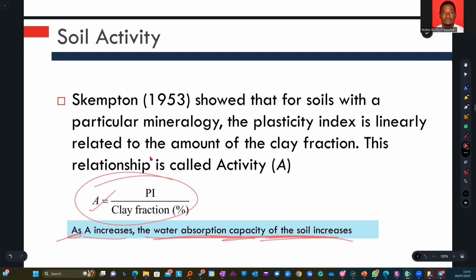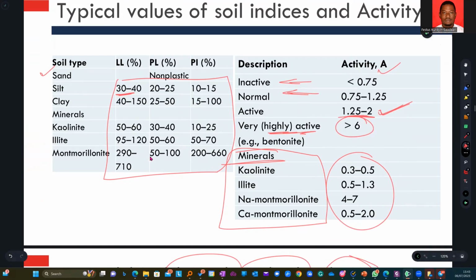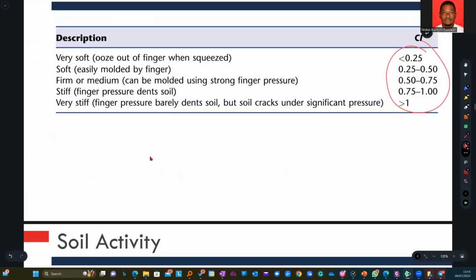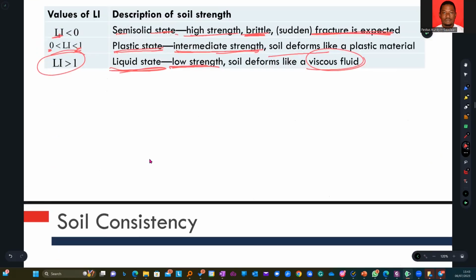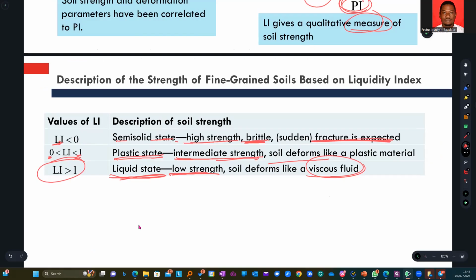Let's see if we find the table. So you have 0.01, and this is it. So 0.01 is at the low end of the plasticity state, because it is closer to 0. So it is going to exhibit some plastic behavior and have some intermediate strength, and your soil is likely going to deform like a plastic material.